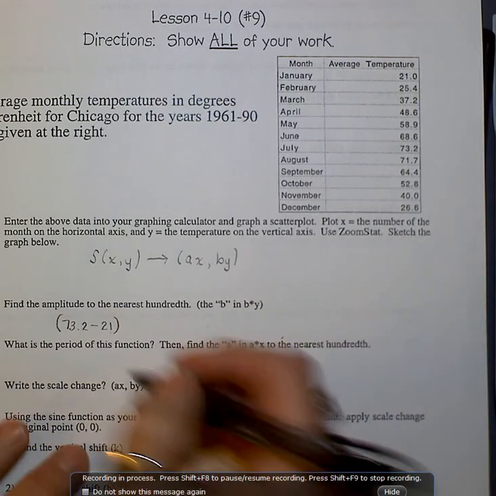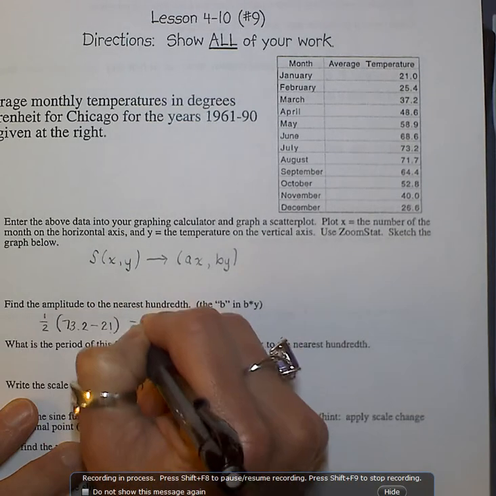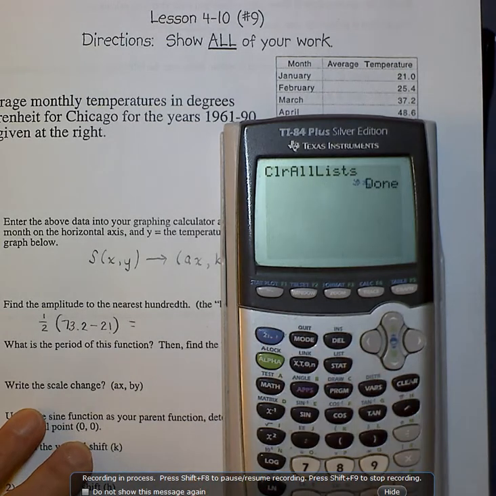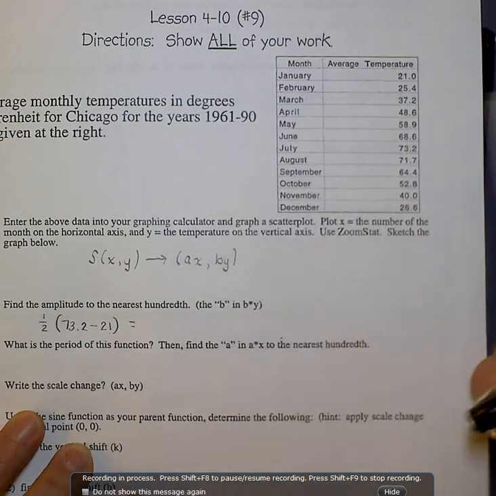So I'm going to need to multiply that answer by 1/2. Okay? So I'm going to take 73.2 minus 21, get an answer, and then cut that in half. So I find in this case an approximation of my amplitude would be about 26.1 degrees. Make sense? Okay. So I've got my B value.